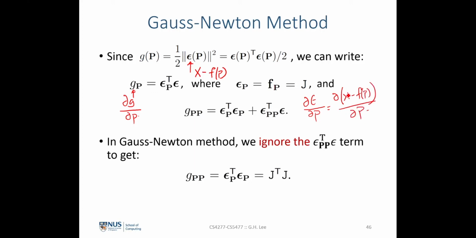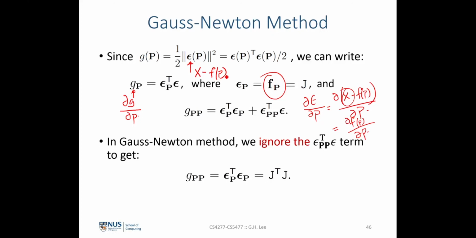Since x over here is independent of p, it becomes 0. So all we are left with will be del f(p) over del p, which is given by this guy over here. And this is nothing but the Jacobian of this nonlinear function f that we have defined over here.